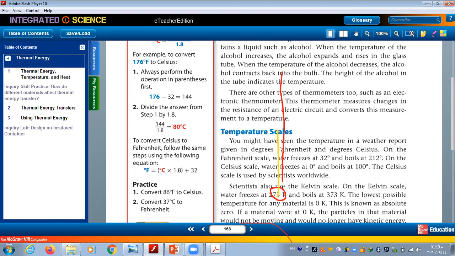You can stop at this point. The electronic thermometer measures the changes in resistance. So when the temperature changes, the resistance changes. It depends on a change in resistance with a change in temperature. Okay.